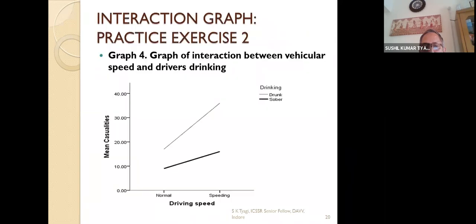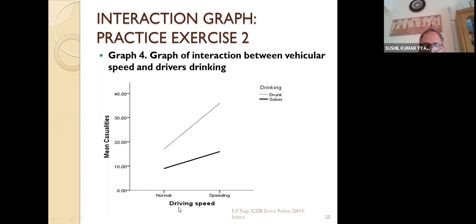Now, before I take up the exercise, let us do this. This is another example, a graph of interaction between vehicular speed and drivers' drinking. As you might have heard, driving and drinking do not mix. So I have taken this example from this saying.